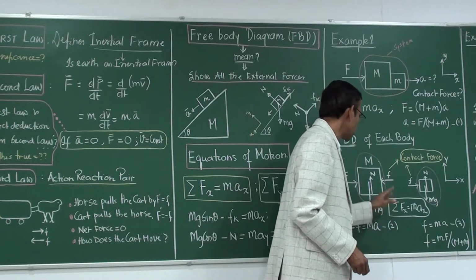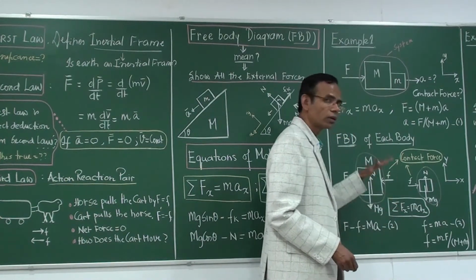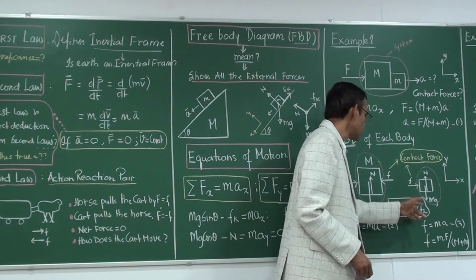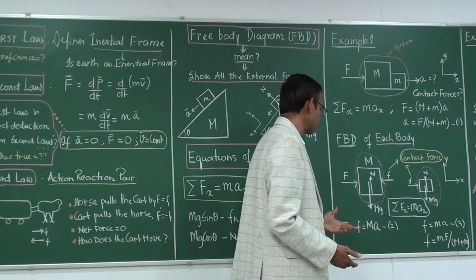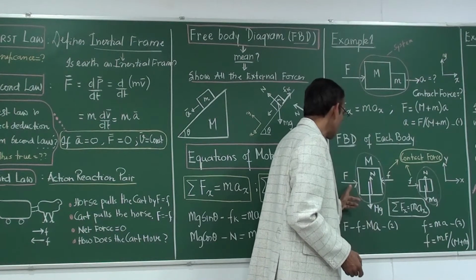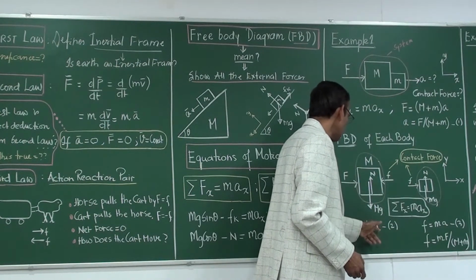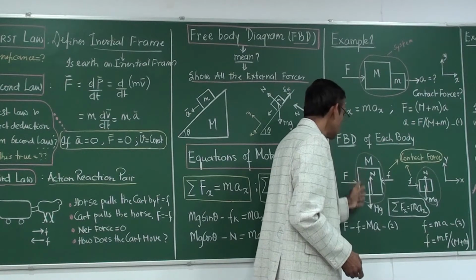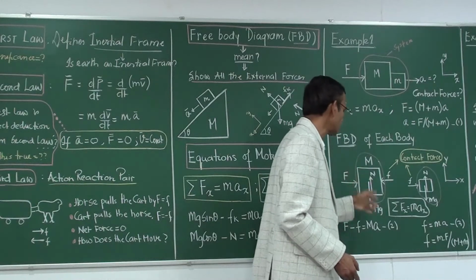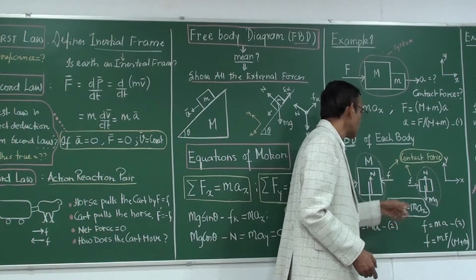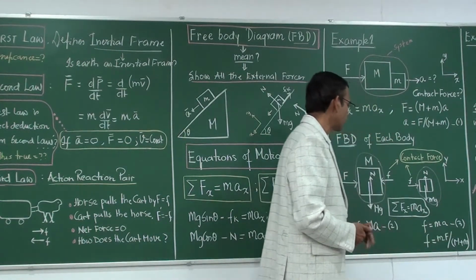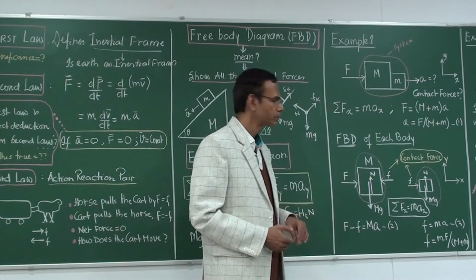Now, because there is no acceleration along the vertical direction, sigma Fx is equal to max for each one of them. So I write F minus f is equal to Ma, and f is equal to ma, because only in this direction; I am not taking the vertical direction, as obviously there is no acceleration along it. I have to find out f, and here f is equal to ma. So directly one can calculate the value of f from there.